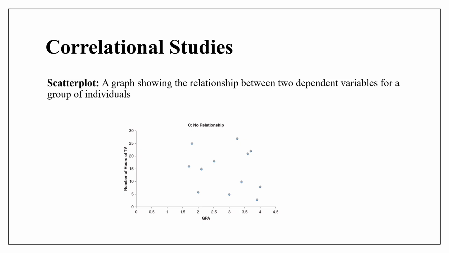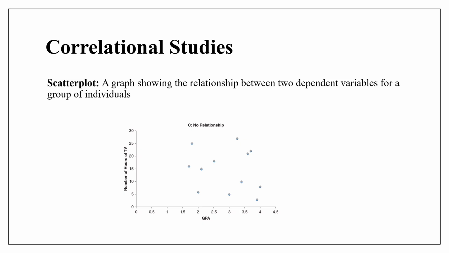Now you see that this scatter plot is labeled as no relationship, and again this is showing that there is no relationship between how much TV you watch and what your GPA is in your current major. We're going to see again how this pattern is going to shift depending on whether there is an association between these variables or not, and what association that is specifically.